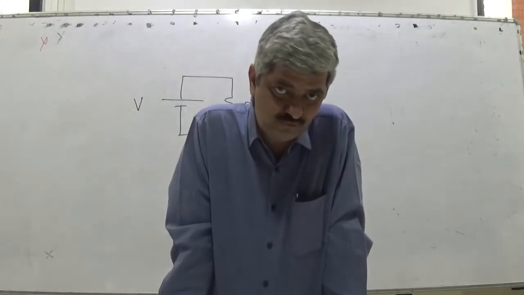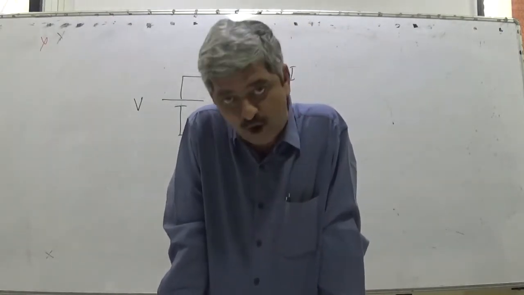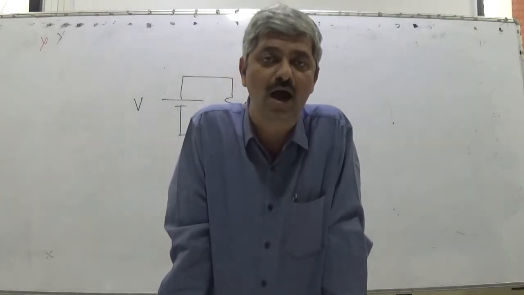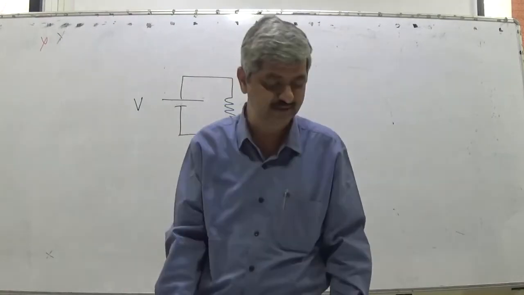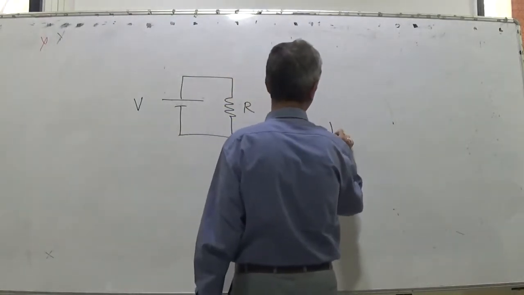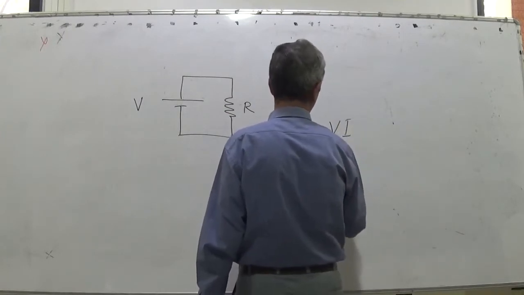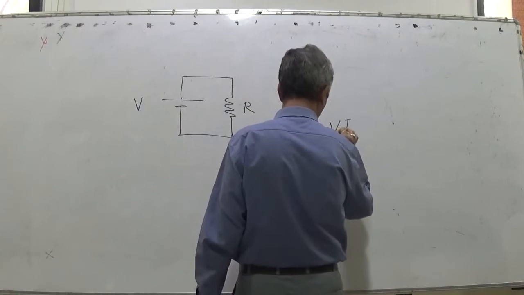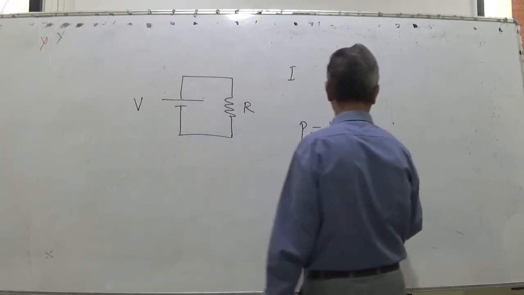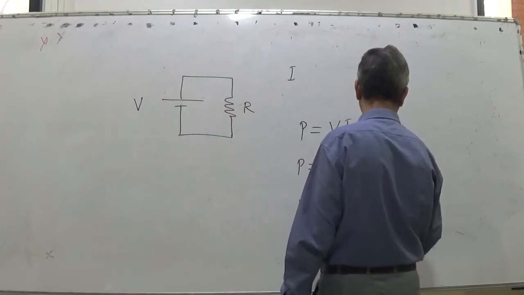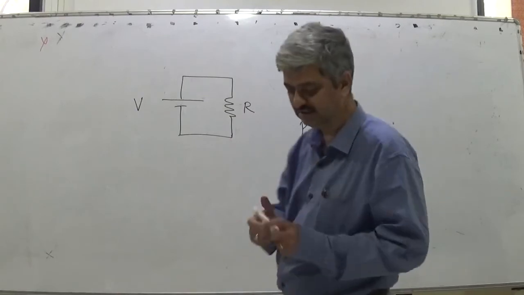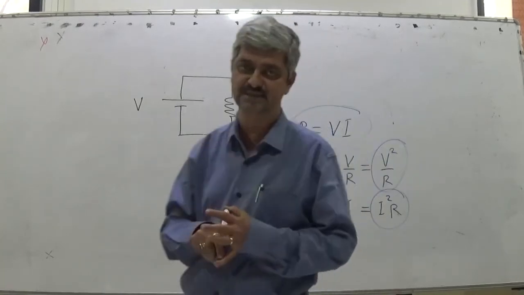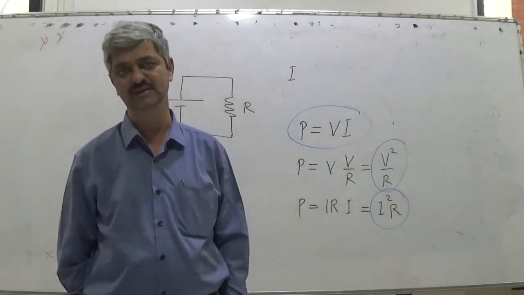Watt second is energy, watt is power, and electric power consumed in a resistance is V into I. Electric power P is V into I. If the resistance is R, we can write the same as V into V upon R, or P equals I into R into I. So we can say it is either V square upon R or I square R. All these are definitions of electric power consumed in a resistance.